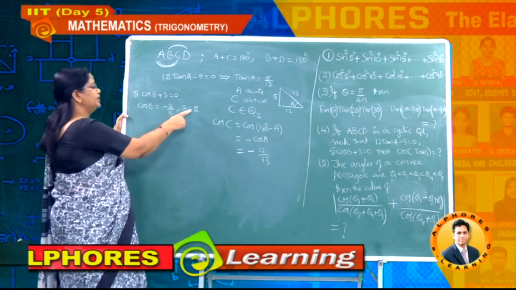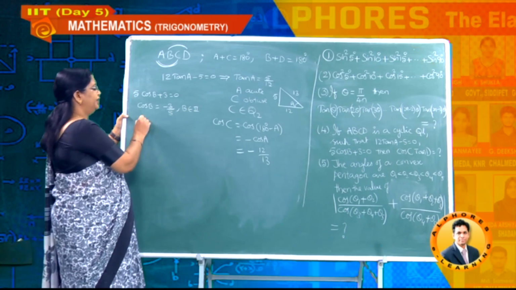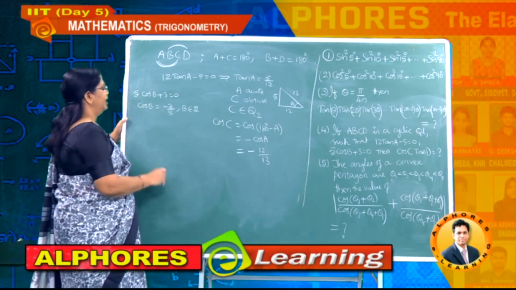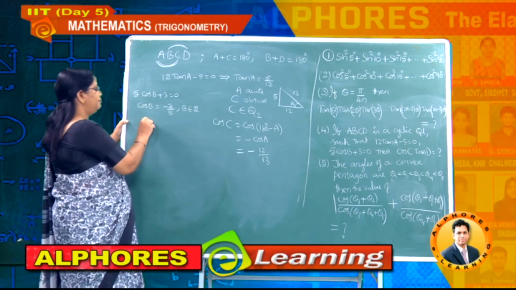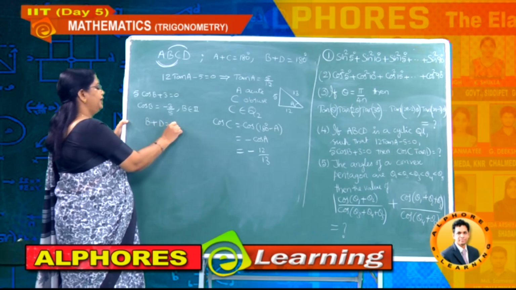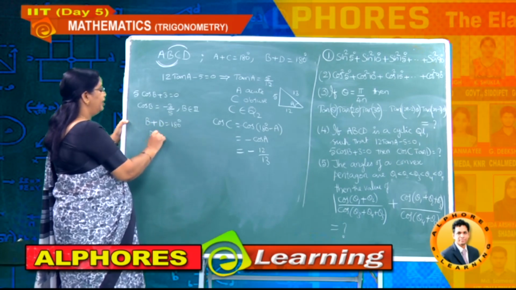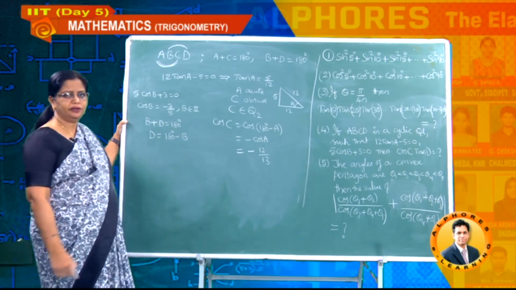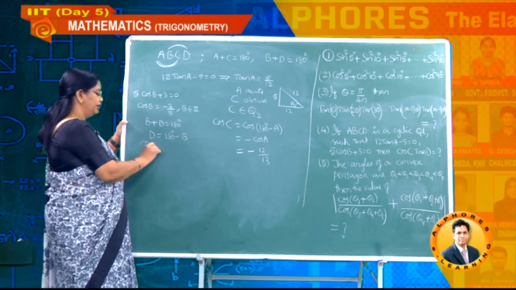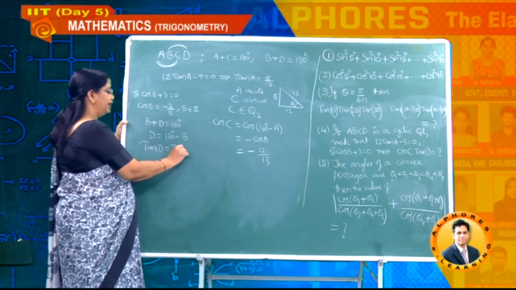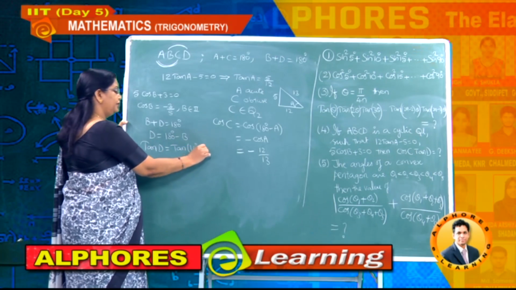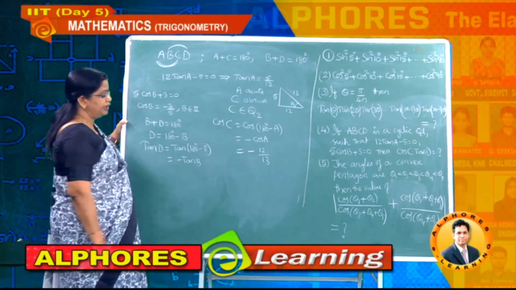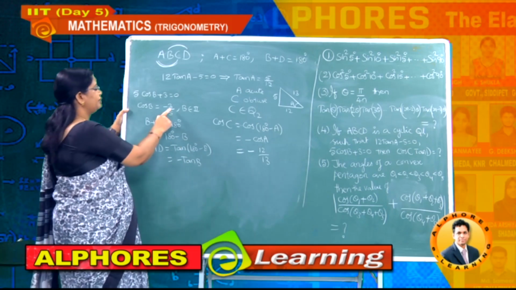And hence if this is the second quadrant, then here we require which other value? D value we require, angle D. Now I am taking B plus D equal to 180 degrees, and hence D equals 180 minus B, and the required one is tan. Therefore take the tan function, hence tan D equals tan of 180 minus B. And thereby this is minus tan B. Now minus tan B you got, what is cos B here?